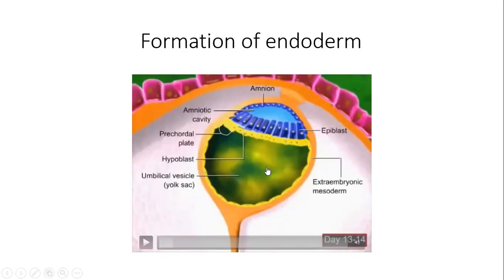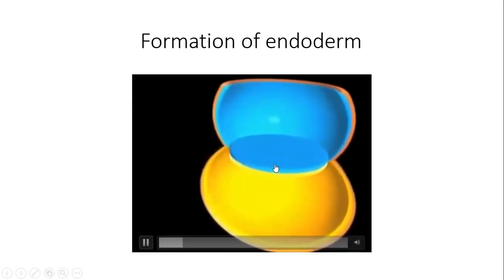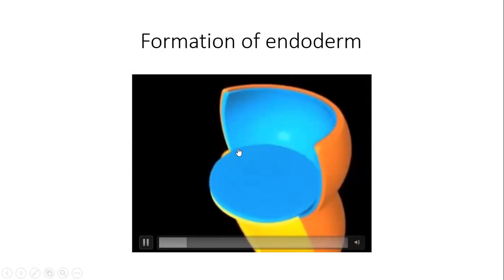So we have the amniotic cavity and the primary yolk sac over here. Then when we view it from above, this one is the amniotic cavity. So again, this is the cranial and the caudal end. This one is the flat embryonic disc. Now what happens?